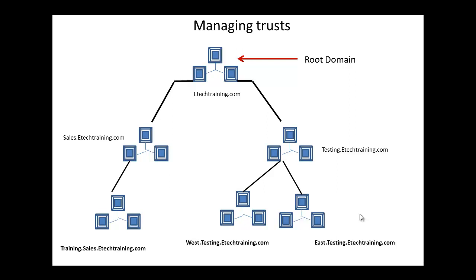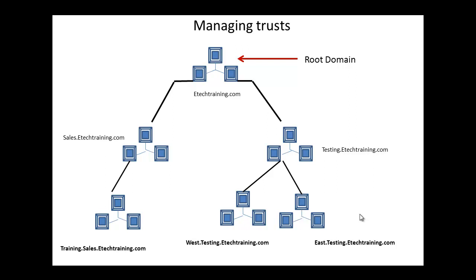For example, you may want to remove trust between domains if you are absolutely sure that you do not want resources to be shared between domains. Or, because of security concerns, you may need to keep resources isolated.